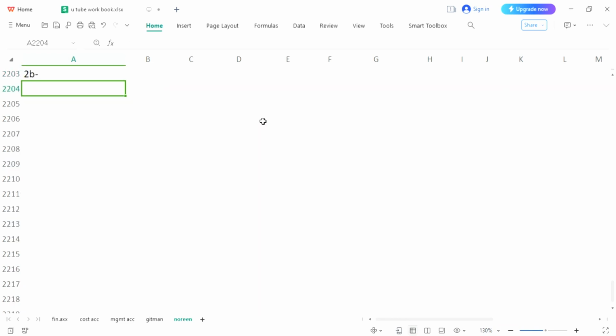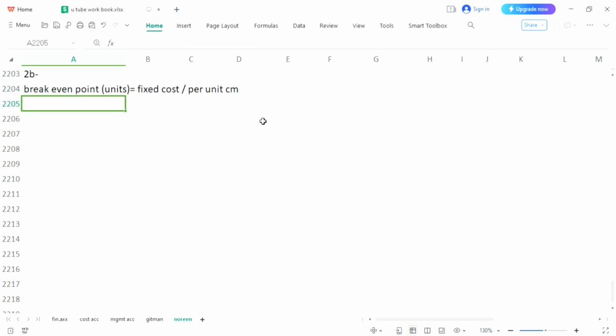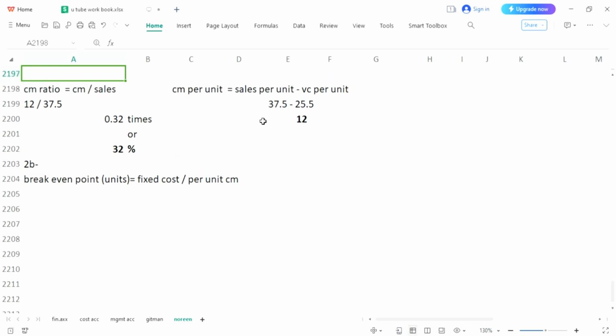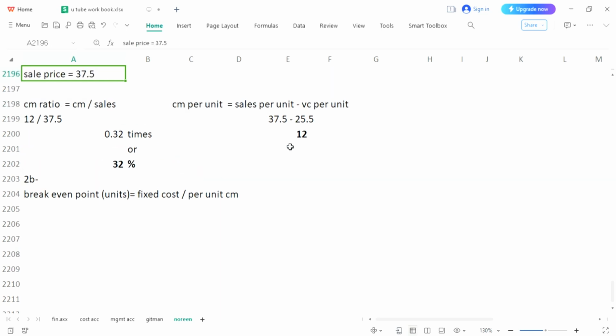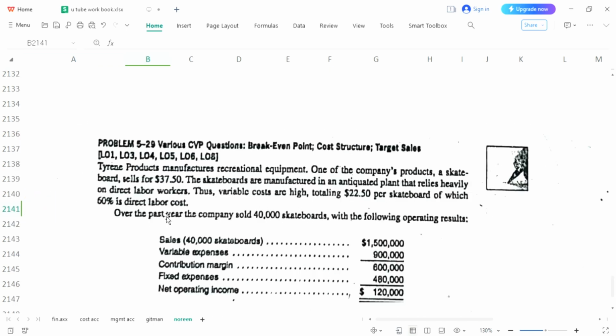2B is break-even point in terms of units. How do we calculate? Fixed cost would be divided by CM per unit. In second part, we have calculated CM per unit, which is 12, and fixed cost will remain same. In question, you have your fixed cost, which is 4,80,000.